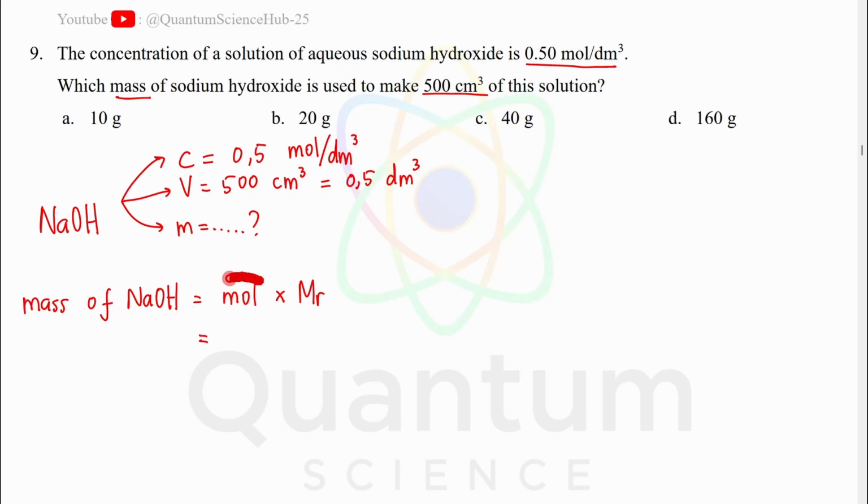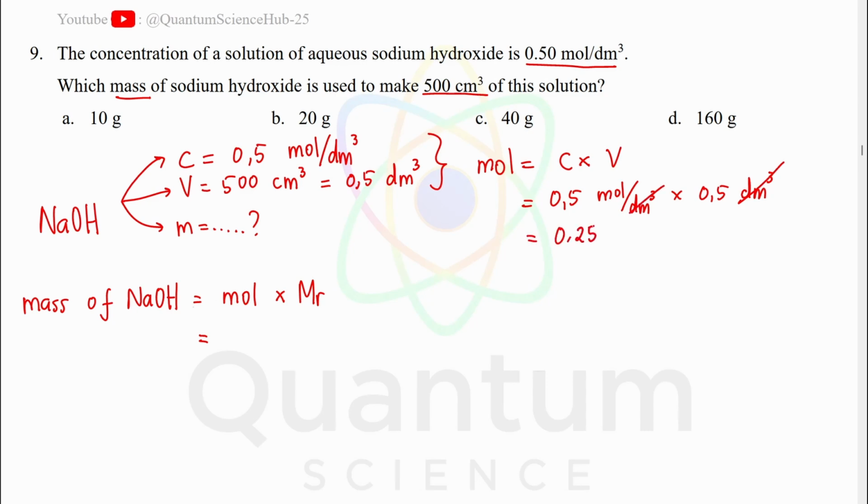But we don't know the mole of NaOH. So that's why we can use this information. Mole equals CV, right? So concentration is 0.5 mole per dm cube, and then times the volume is 0.5 dm cube. You can cross this and equals 0.25 mole.